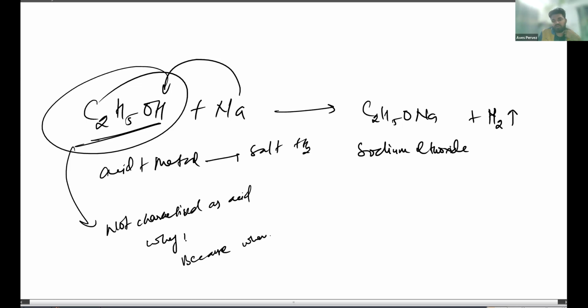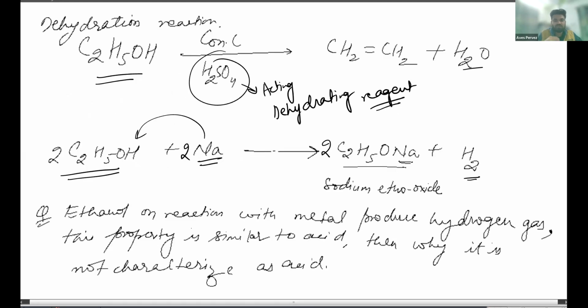Because when added to water, it does not dissociate H plus ions. So note it down: ethanol on reaction with metal produces hydrogen gas. This property is similar to acid. Then why is it not characterized as an acid? Note this question. This is an important question.